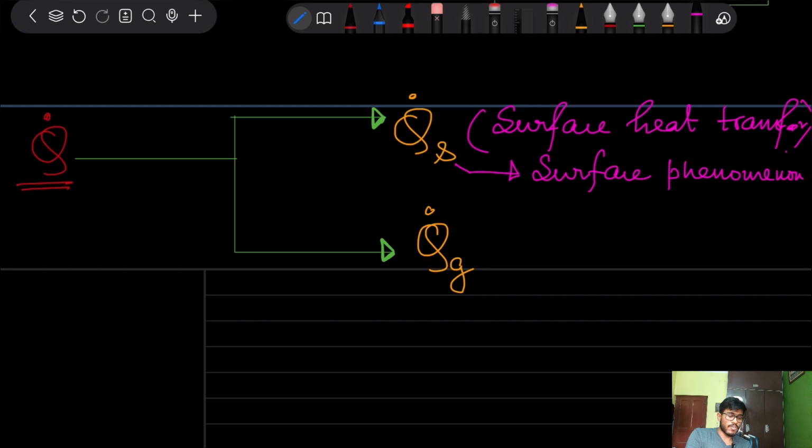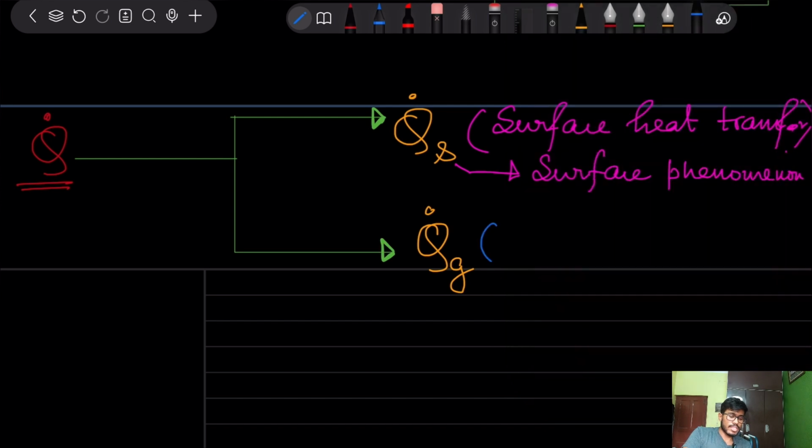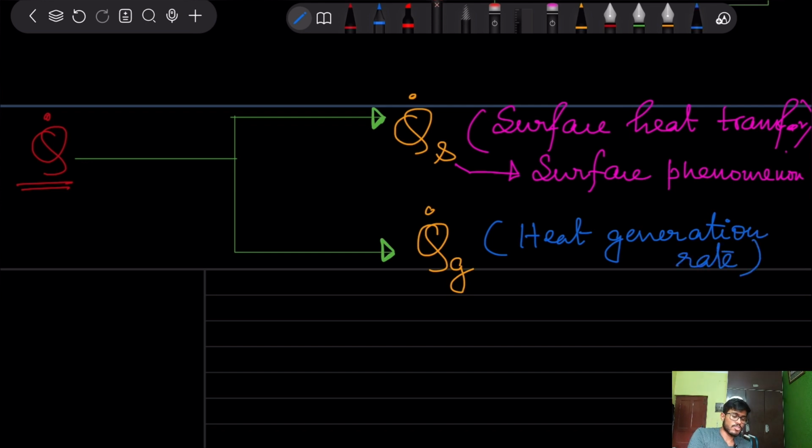And this is the heat generation rate, and this is also actually a rate term. This is a volumetric phenomenon.